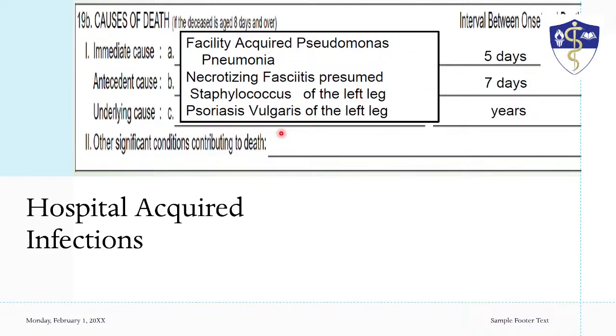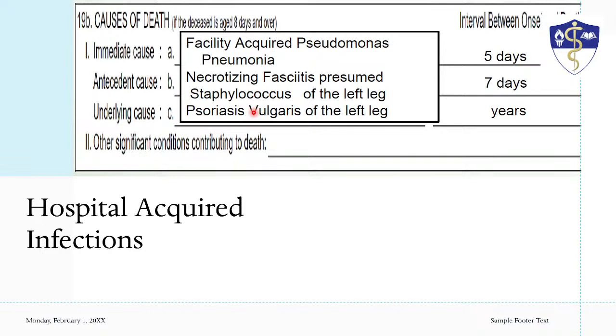So in here you have three types of conditions. You have infection in the lungs, and infection in the left leg, both in the soft tissues and in the skin. You place all three there, but they do not have the same onset.